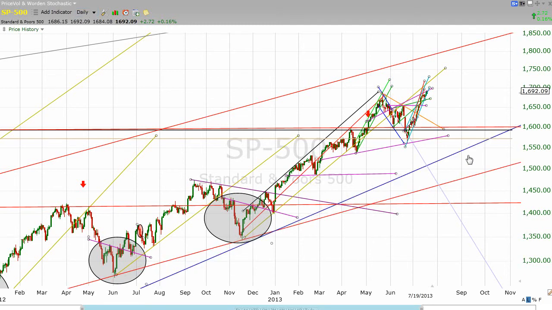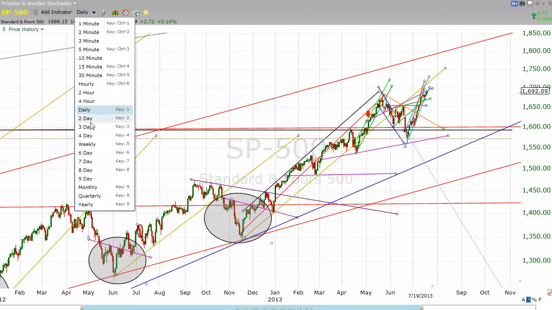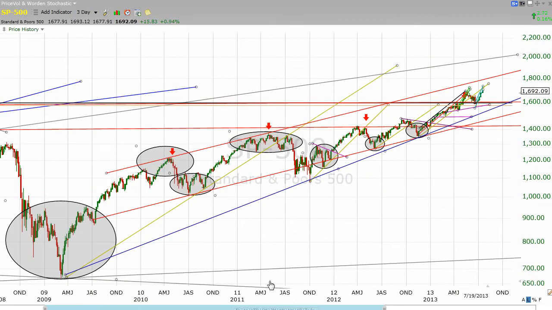And again, this blue line is that important rising line off of the 3.9 bottom, and then the July 2009 low. Let me back out just to make sure I'm saying that right. No, I am not. It is the rising line off the 3.9 low, and then the 10.11 low.